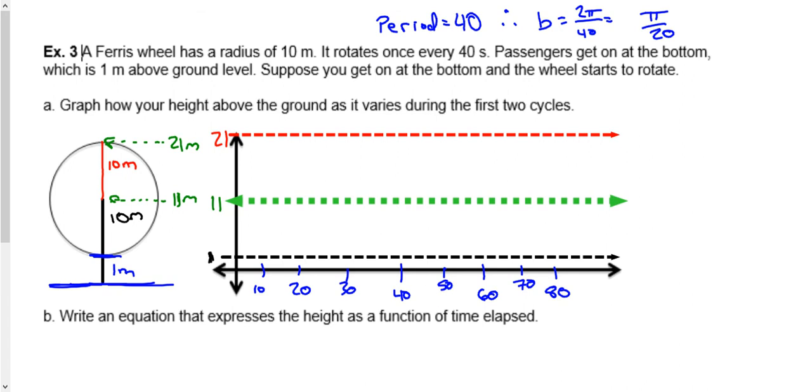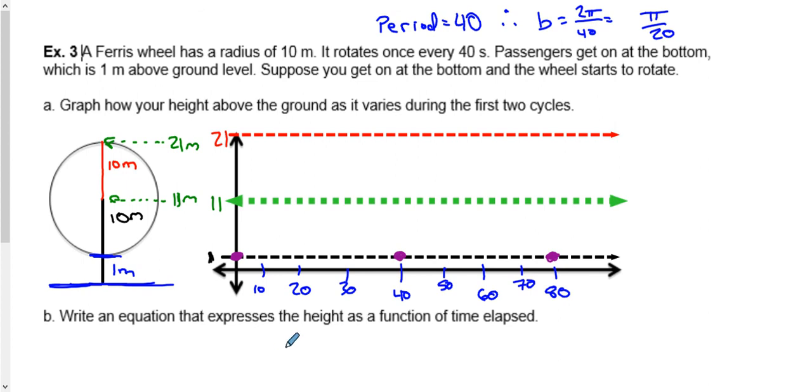So if I had to put down a few coordinate dots, it'd be the following. So you get on the Ferris wheel at 0, and this is me graphing without anything. I know I get to the bottom again at 40. If I did another full cycle, I would have gotten to the bottom at 80. So I got 3 dots on my first line here. I have 0, 40, and 80.